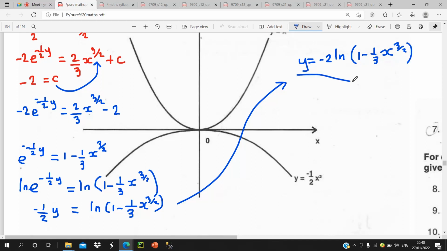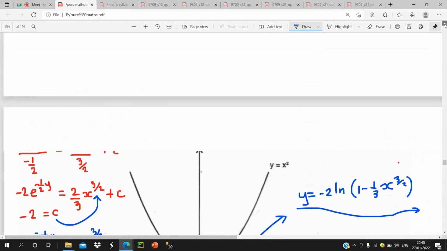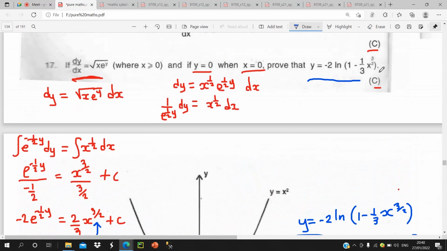Like this. I think it's the one which is required. It's the same, right? You see? Yes. So sometimes they ask you to make y the subject in that form, then you have to show it in that way.